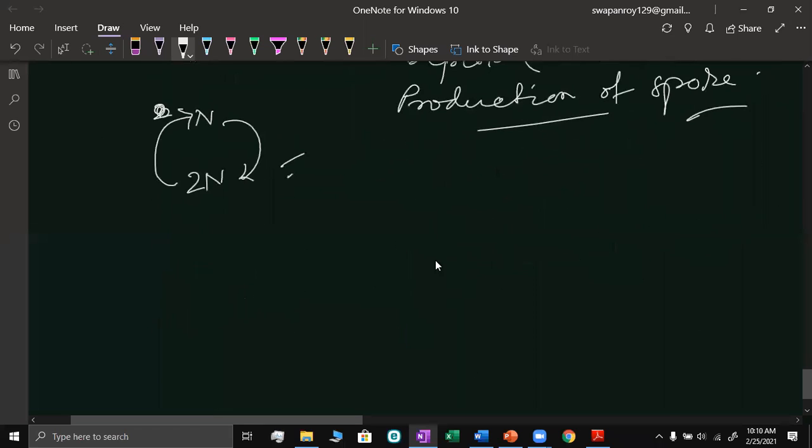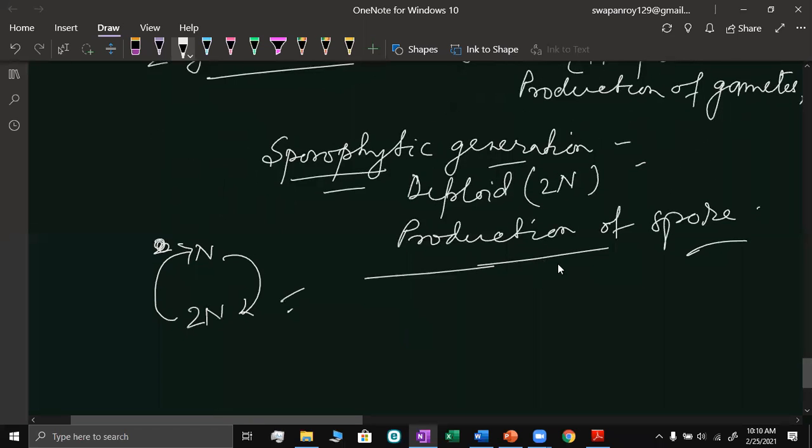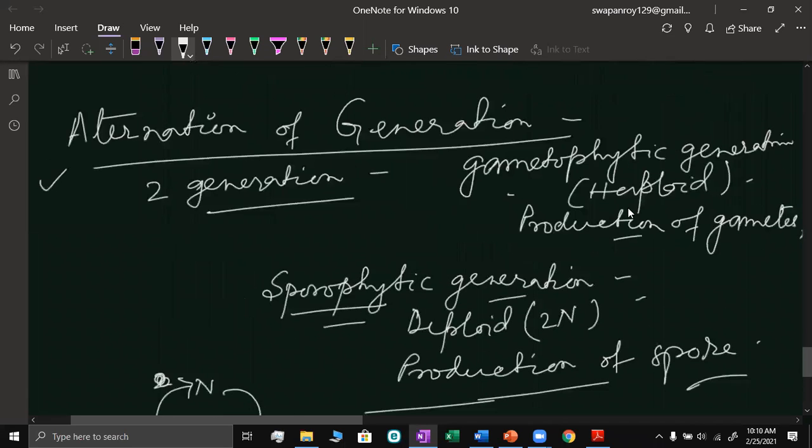Now another thing is that two generations are coming alternately. In the life cycle of a plant, which one is the dominant or prominent generation?